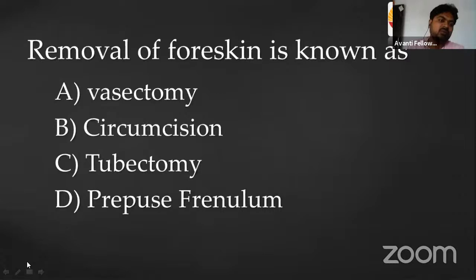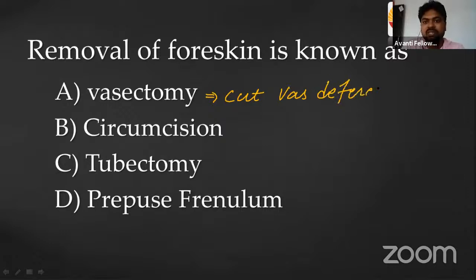Why is option B correct? What is meant by vasectomy? It is the cutting of the vas deferens. Then what is meant by tubectomy, guys? It is nothing but the cutting of the fallopian tube.